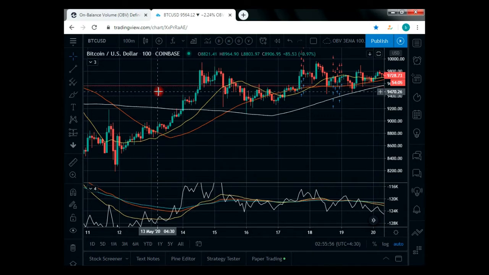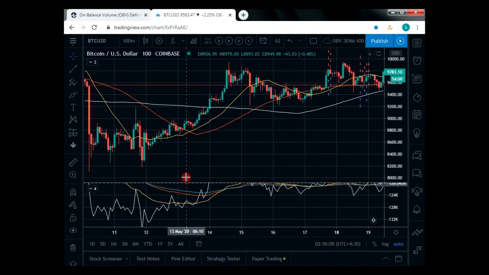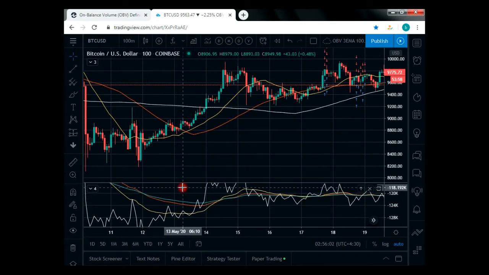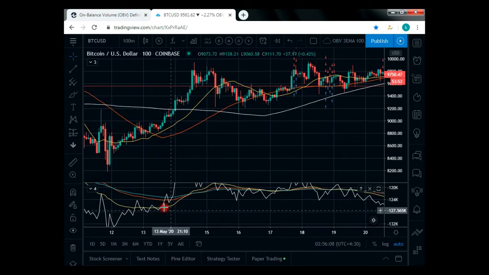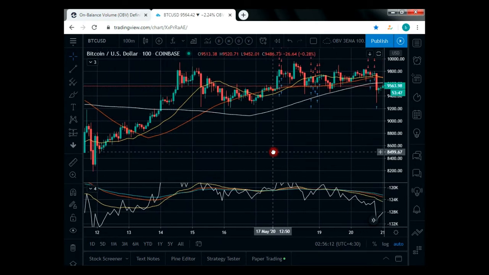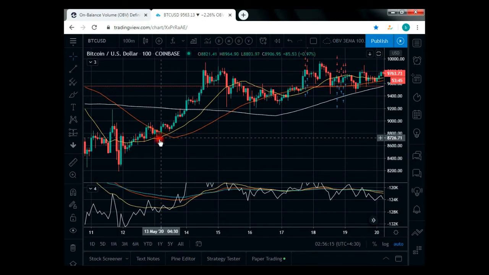It's just crucial. You might want to look at this chart before you enter a trade, because it gives you a crystal clear view on whether you are entering a true breakout and not a false breakout.